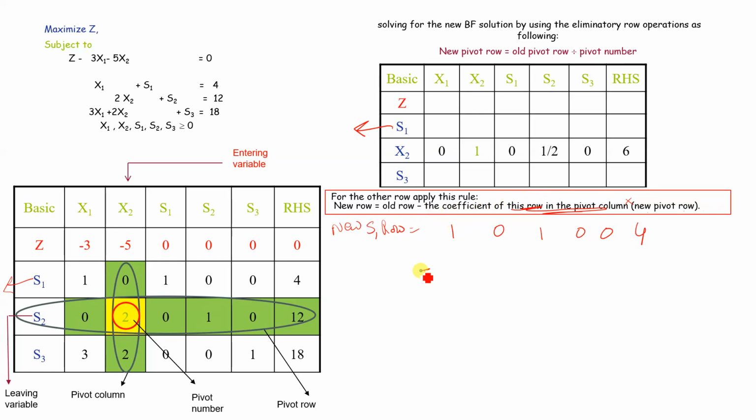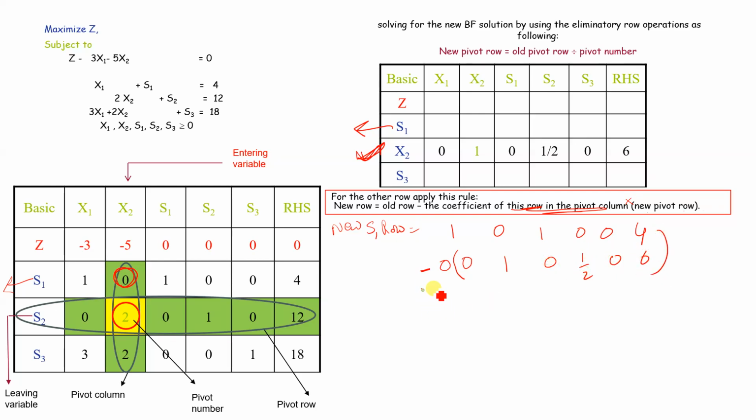Minus, let me write minus here, the coefficient of this row in the pivot column. The coefficient of this row in the pivot column is 0. So let me write 0 here times the new pivot row. So this is the new pivot row. Let me write all the corresponding entries: 0, 1, 0, half, 0, 6.